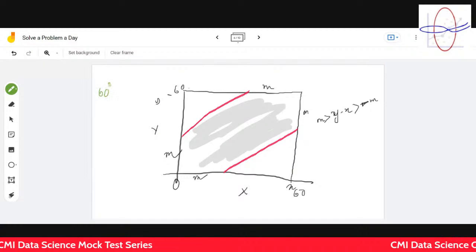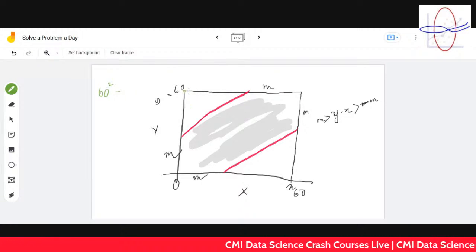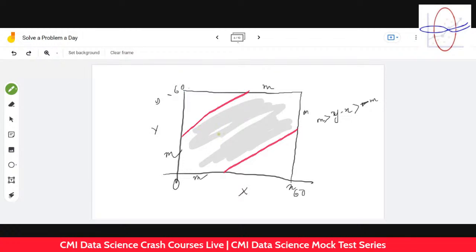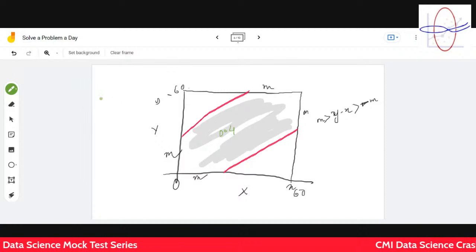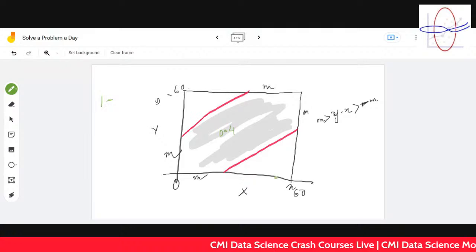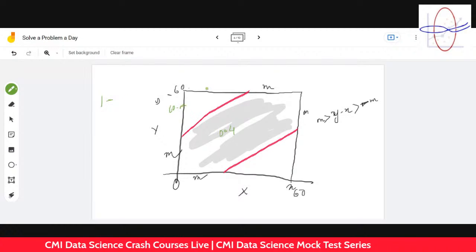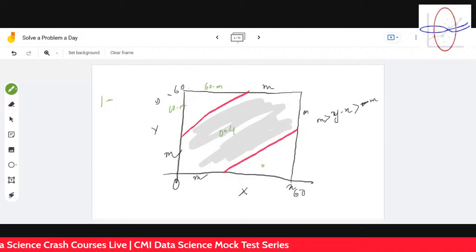Its total area is 60 squared minus these two regions. Also, we can do it like probability: the probability over here is 0.4, right? 40%. So what we can do is 1 minus the probability of staying outside, which is this area divided by 60 squared. So this area is what? Here it's 60 minus m, here is 60 minus m, here is 60 minus m, 60 minus m.